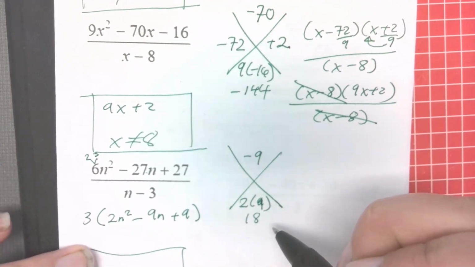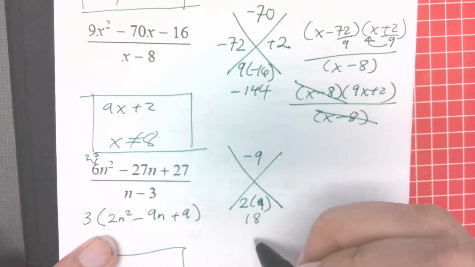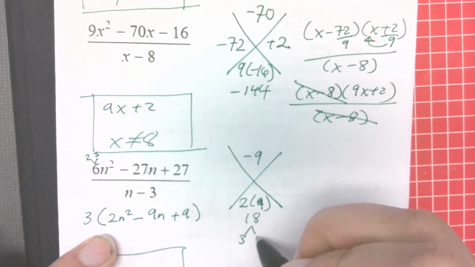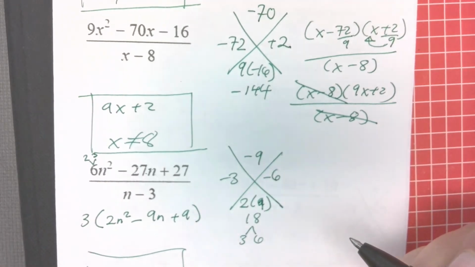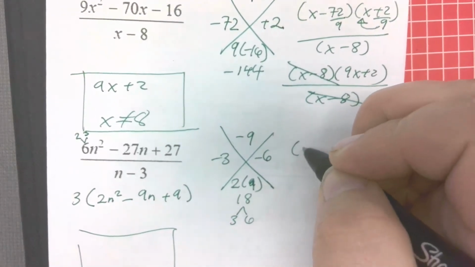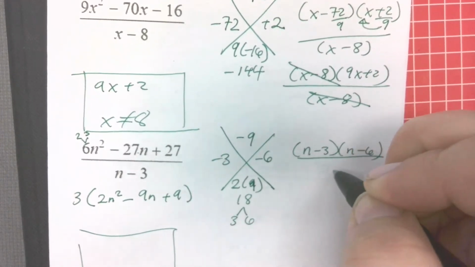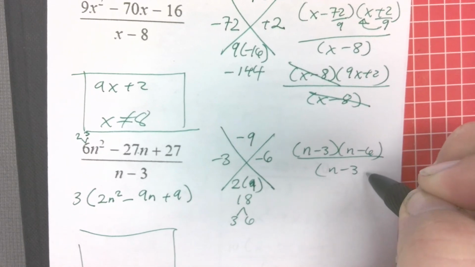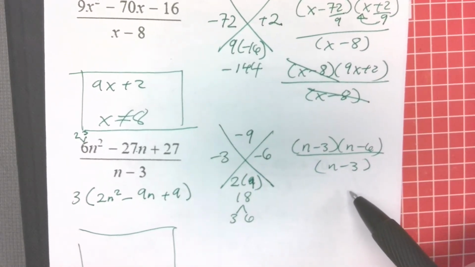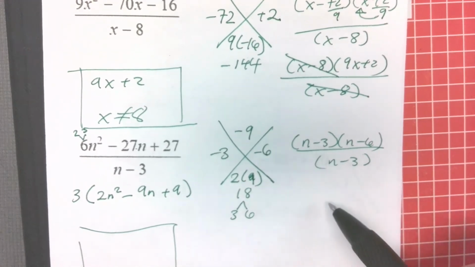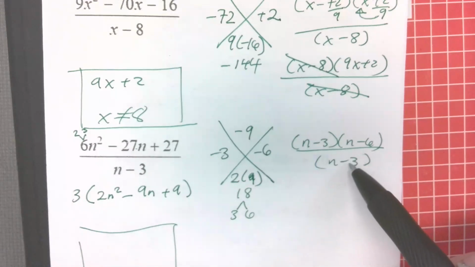And then we're going to go ahead and set up our x. Were you guys okay at figuring out that this was going to be 3 and 6? They're both negative. Then you would have n minus 3, n minus 6, n minus 3. Okay, now this one's a little bit tricky. Do you guys see the problem? What did I forget to do? I forgot to divide, but do you see how those are still going to cross out?